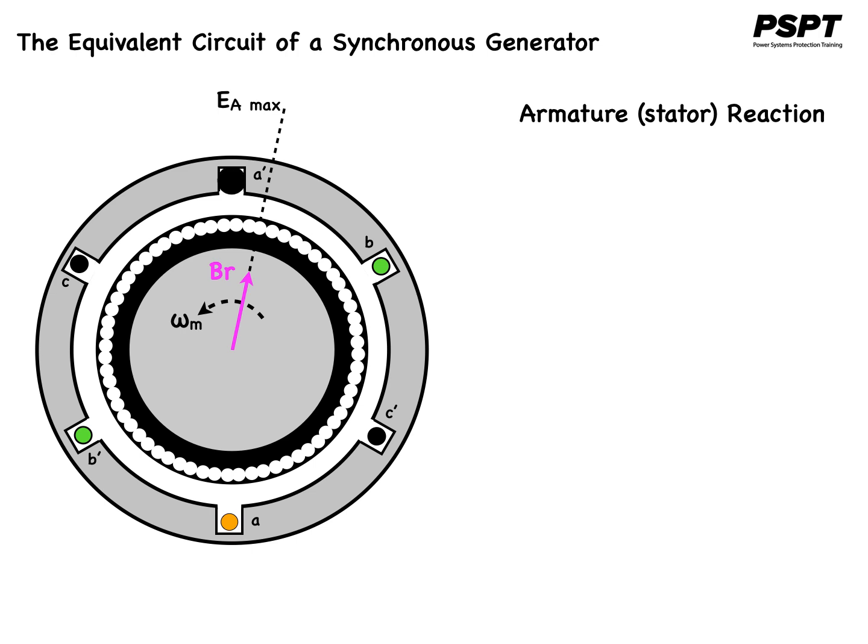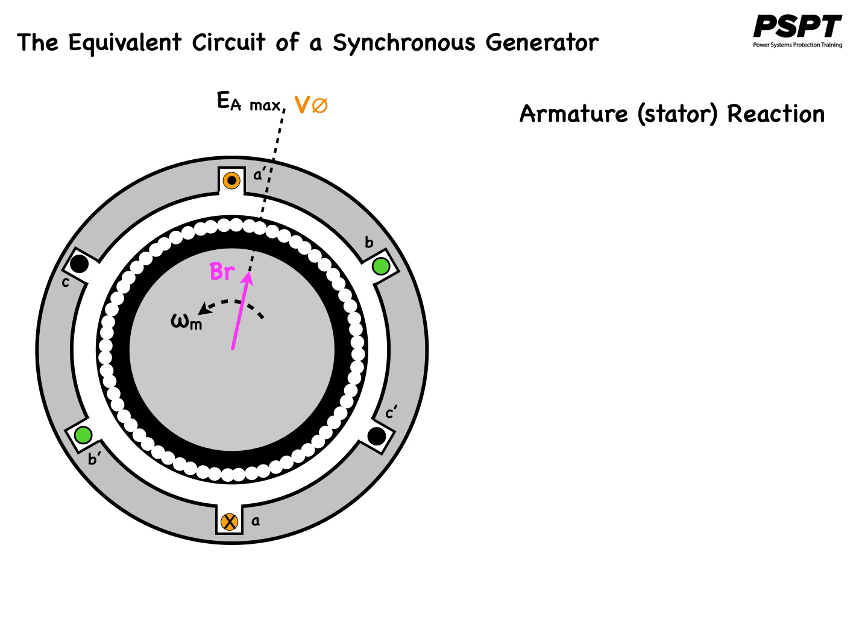The voltage will be positive out of the conductor at the top of the page, and negative into the conductor at the bottom. With no load on the generator, there is no armature current flowing and EA will be equal to the terminal phase voltage, V subscript phi.